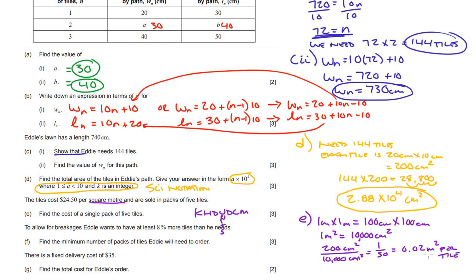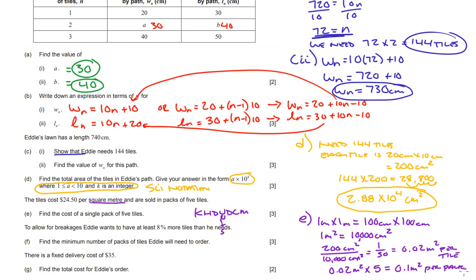So not a lot. That's a pretty small area there compared to a cubic meter. Sorry, a square meter. So if we take our 0.02, that's how many square meters we get per tile, and each pack comes in a pack of 5. We get 0.1 square meters per pack, right?